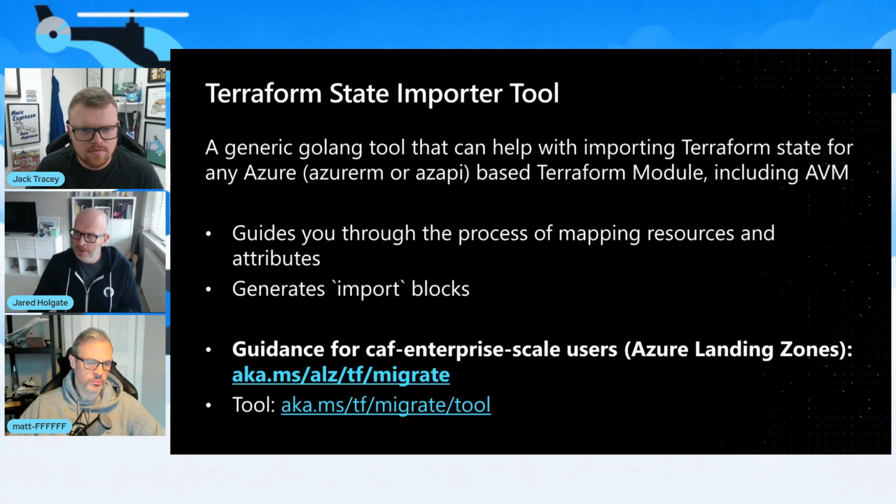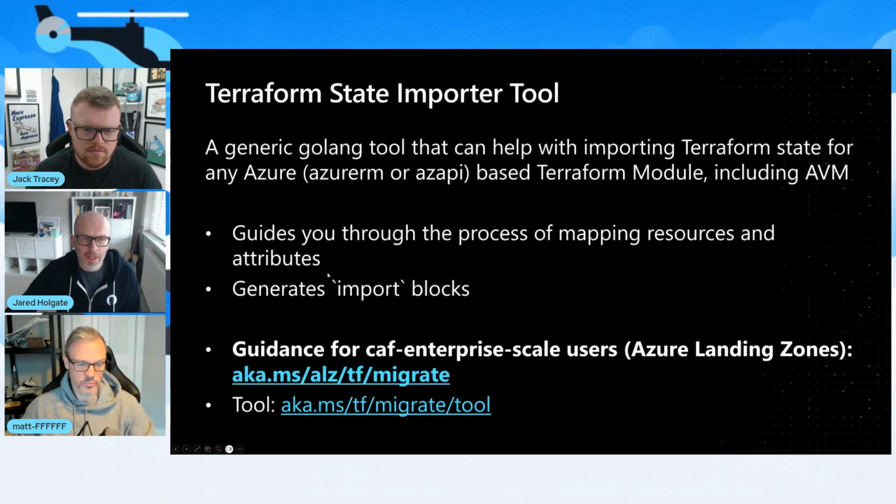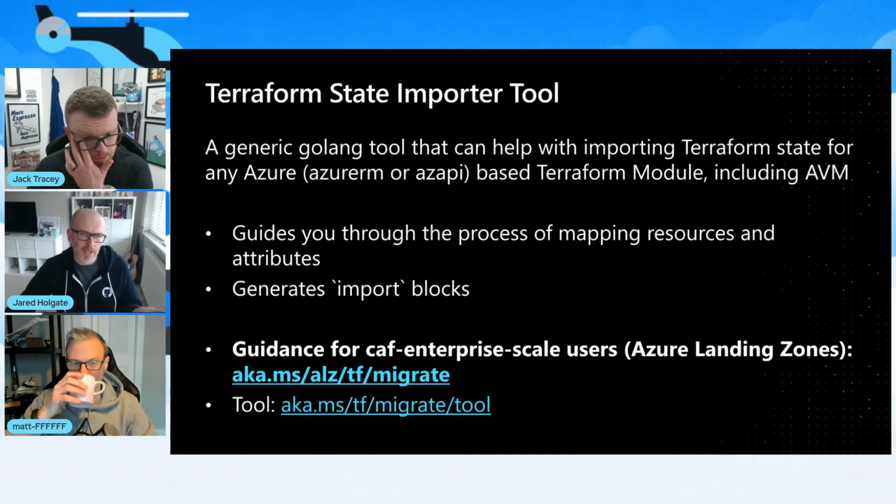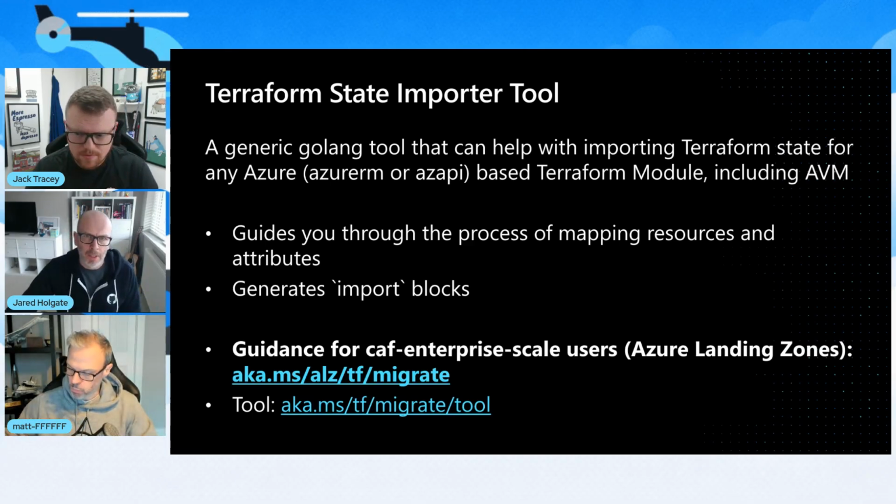And we want to do that so that we don't have to destroy and recreate resources as part of this migration process. So the tool guides you through a process, which I'm going to explain in a minute. There's some links here, and Jack will share a link as well to where our docs are. So we've got some docs, and we've also got the tool itself.